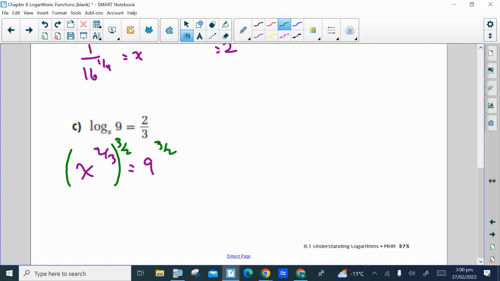That'll be power 3 over 2. The reason that works is because when you multiply the exponents together, you'll get x to the 6 over 6, which is 1. And that'll equal the square root of 9 cubed. Square root of 9 is 3. 3 cubed is 27. So there's our answer.